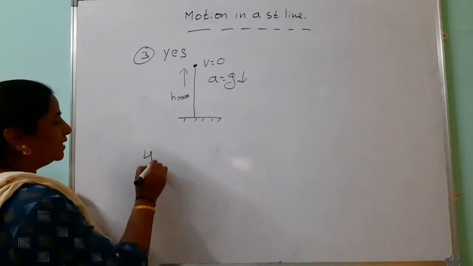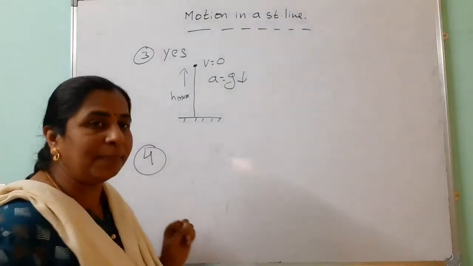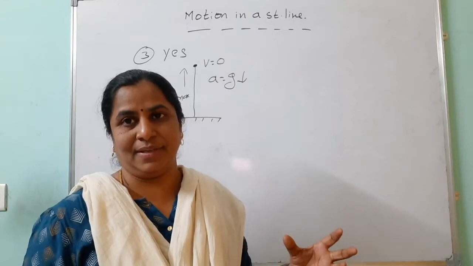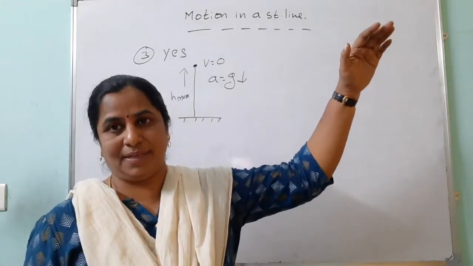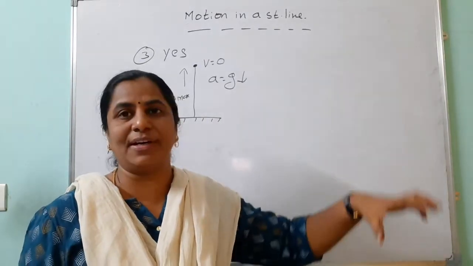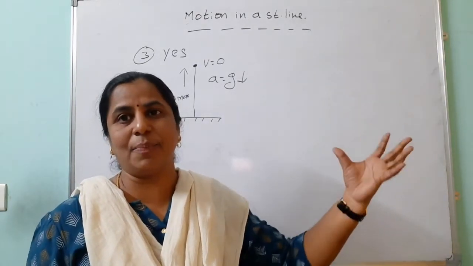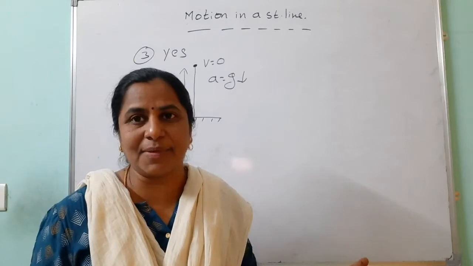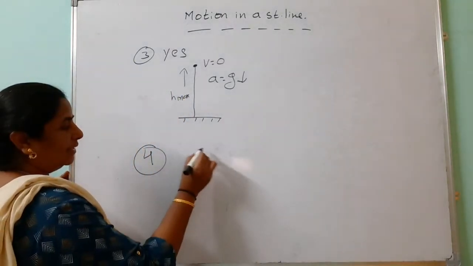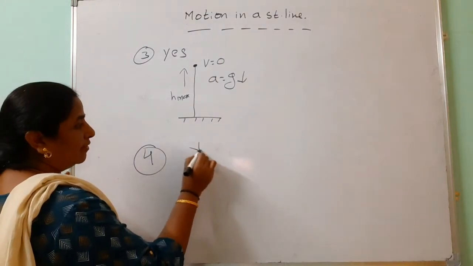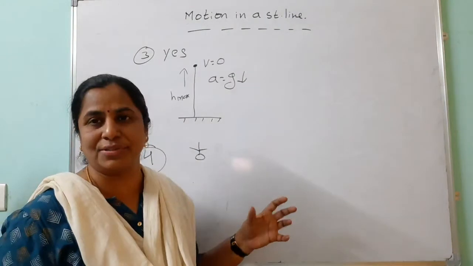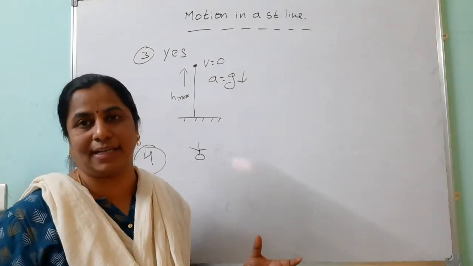Then our fourth question: a person jumps from an aeroplane or helicopter at a height of 3 kilometers. After traveling some distance, when he is 1 kilometer from the earth, he opens the parachute. Describe his motion. Look here. Whenever the person jumps from the aeroplane, because of the earth's gravitational force he comes down faster.